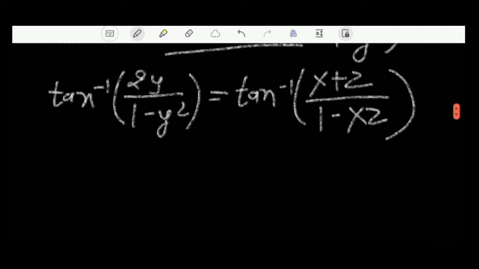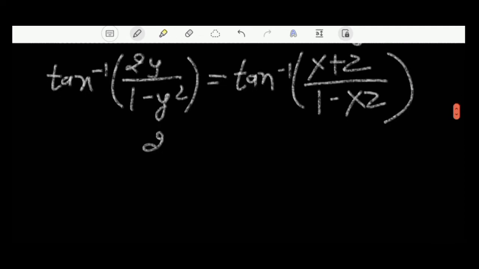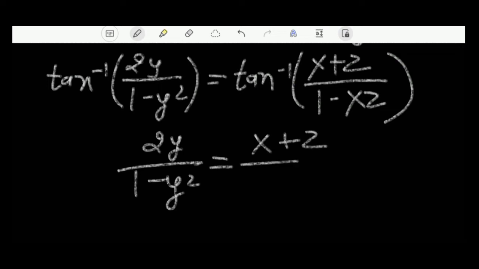By comparing the two sides, we can simply say that 2y upon 1 minus y square is equal to x plus z upon 1 minus xz.